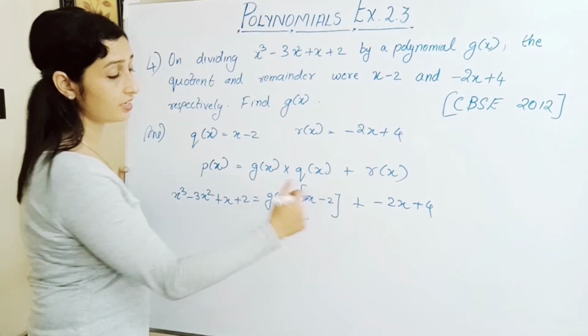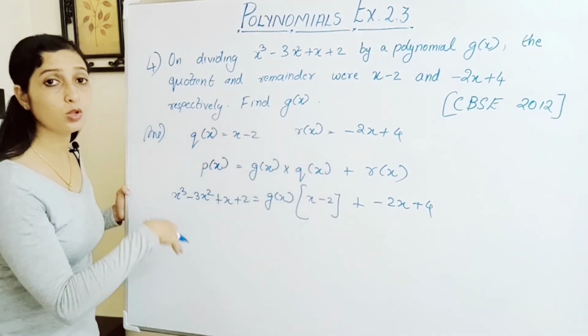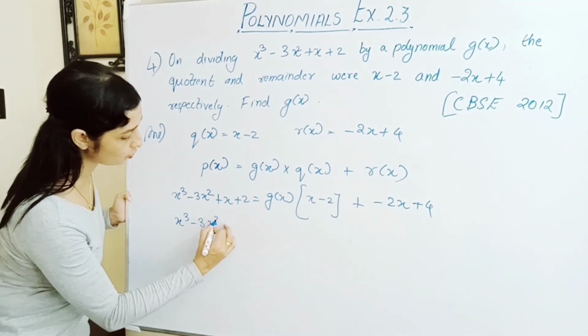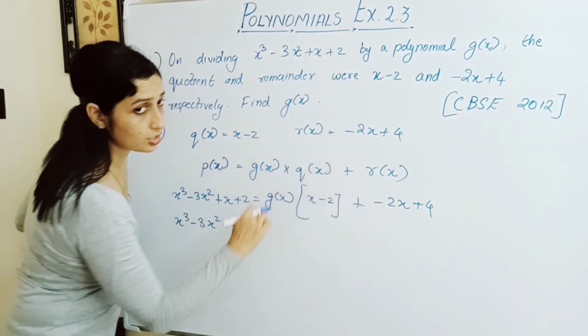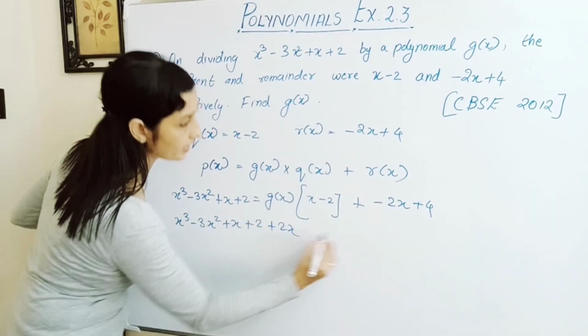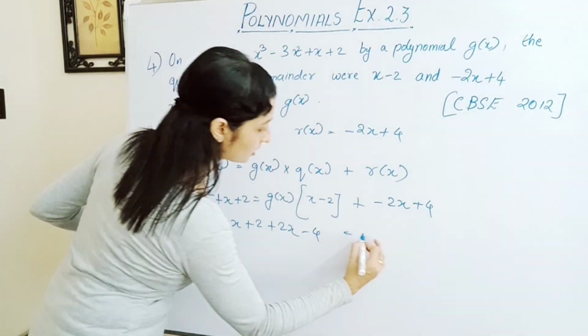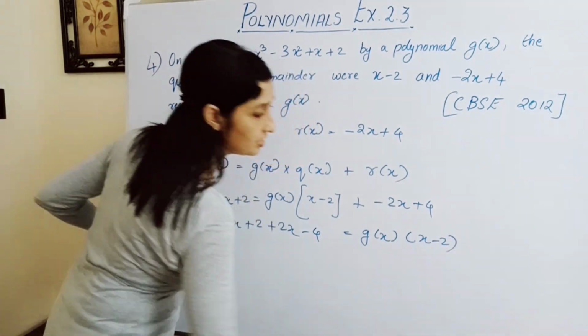So now let us rearrange. Let's keep the g of x here and bring all the others to the other side. So this becomes x cube minus 3x square plus x plus 2, taking this minus 2x aside, plus 2x, and plus 4 comes this side, it becomes minus 4, is equal to g of x into x minus 2.